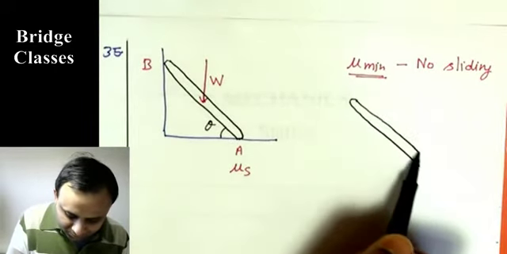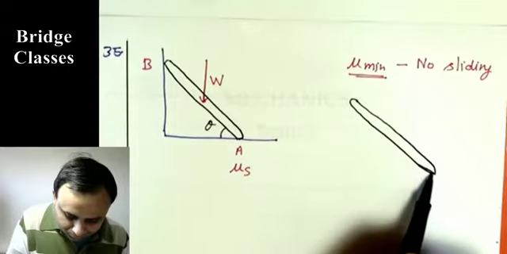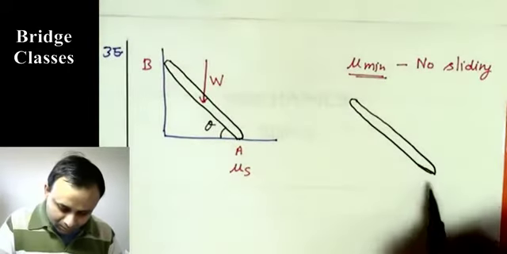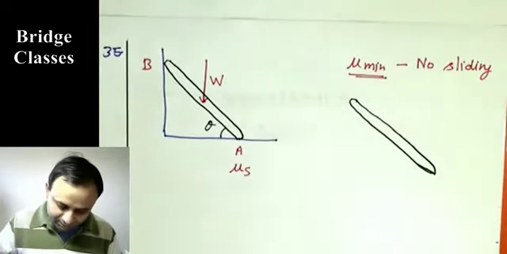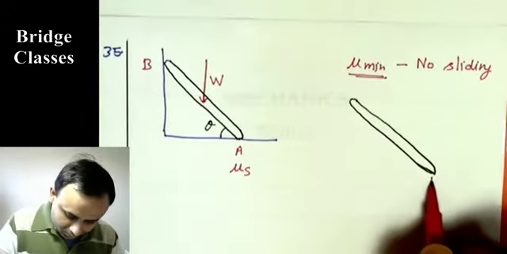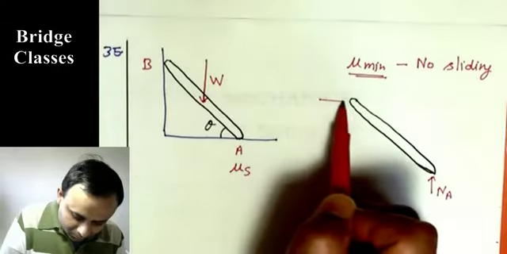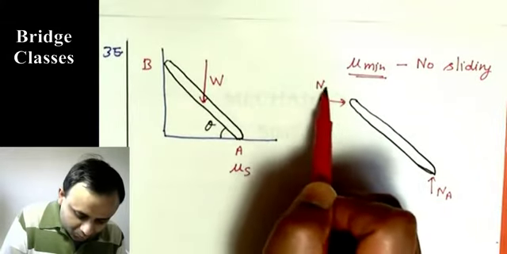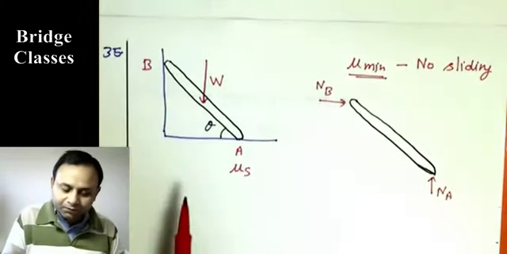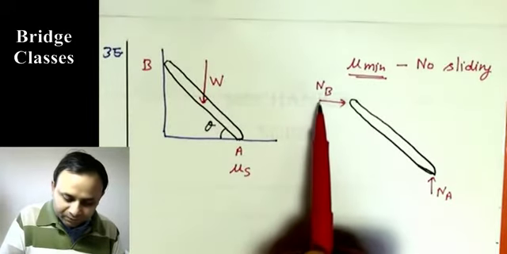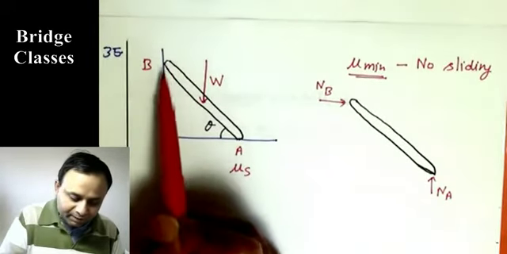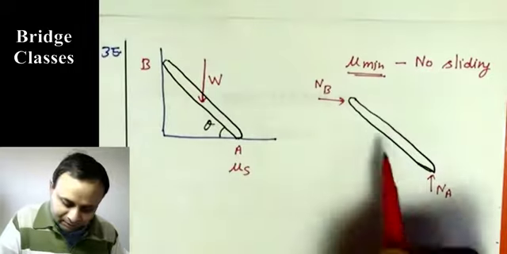So the free body diagram will be: there is normal reaction at A, at B. These walls are not smooth, they have friction. If the wall is smooth, then we will only have normal reaction, there will not be any friction, but in this case we have friction also.